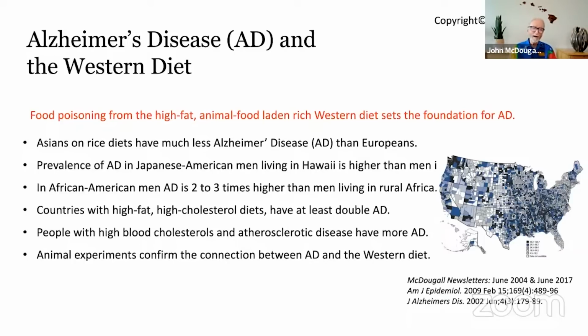But there's also the fact that people in the United States and in Europe eat a horrible diet. So they have problems with their bowel integrity, problems with their immune system, etc. So if you're going to eat the Western diet based on meat and dairy products, you're going to be more susceptible to any toxin in the environment. So does Alzheimer's have a connection with the Western diet?